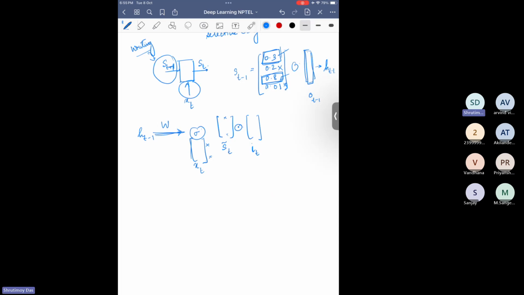So you do some operation of IT in this case, and now you have ST. Now you want to produce HT, right? So your HT will again look at whatever you computed till now, and it will say I want to keep some things, I don't want to keep some things. So given these operations you have done till now, I'll just forget some of these things. So that forgetting is done.